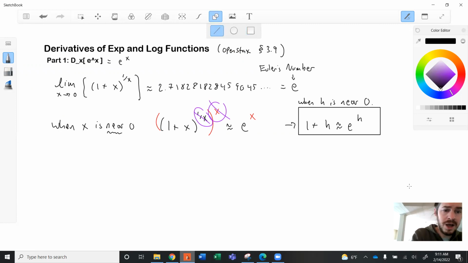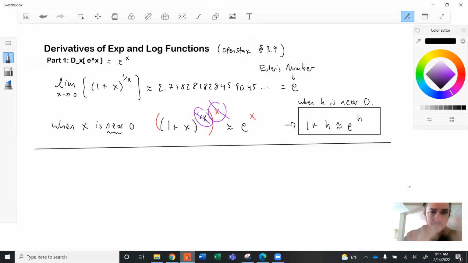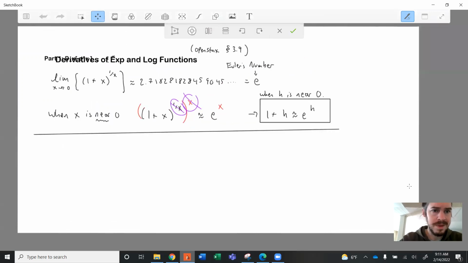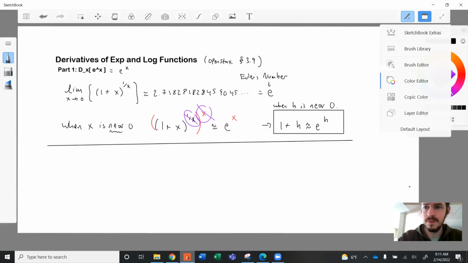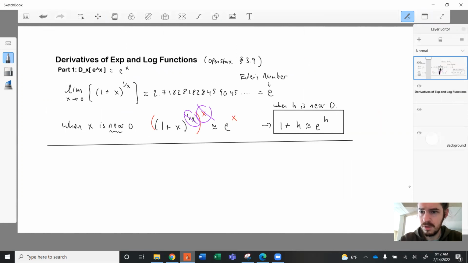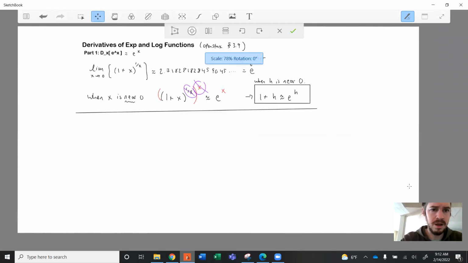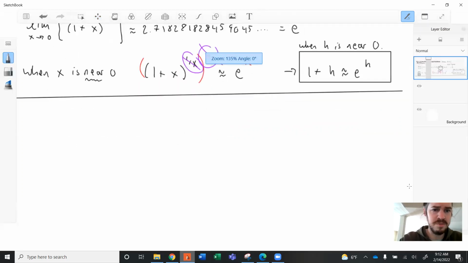Anyway, with that setup, let's look at the derivative of this function using the definition. All right. A little bit of housekeeping. I'm going to move that up and make it all a bit smaller, perhaps. Gotta have some space.